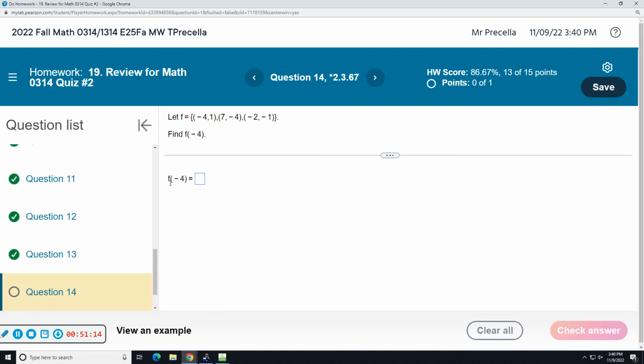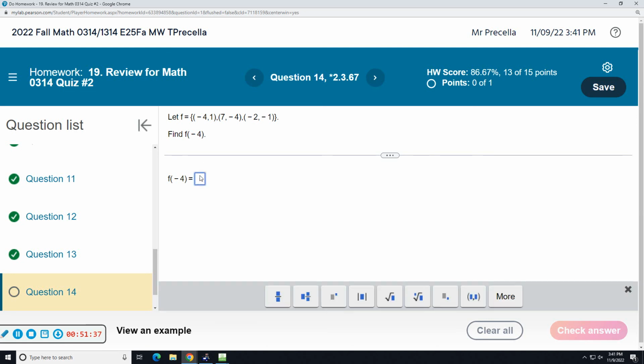They want us to find f of negative 4. So the number there in the parentheses is x. When x is negative 4, what's the y value? Remember, the value of the function is the y value. So when x is negative 4, the value of the function is the y value 1. Good.